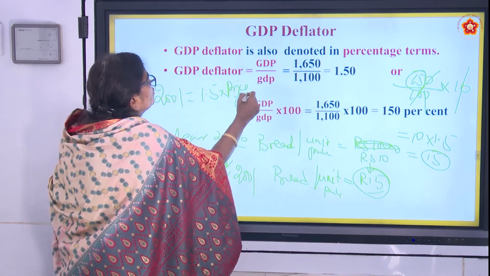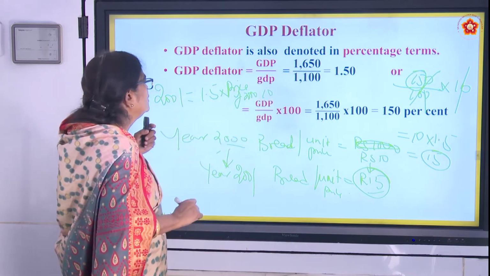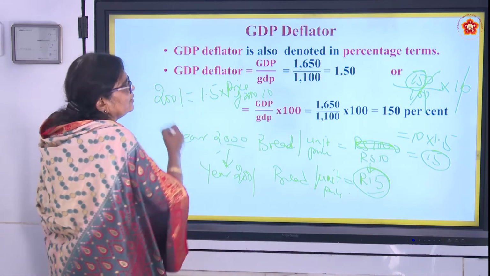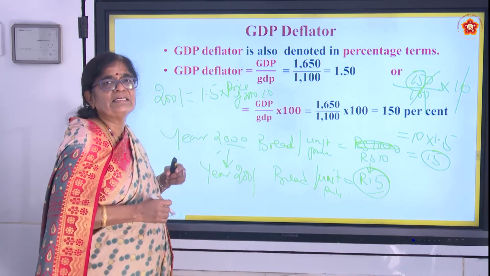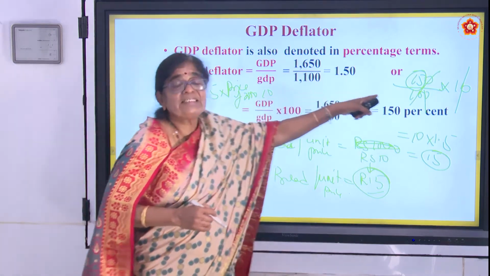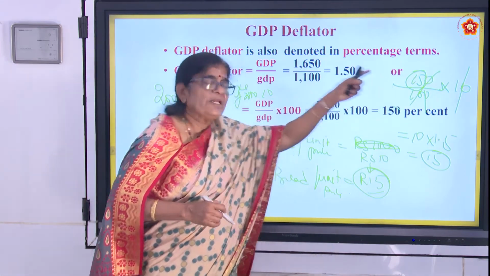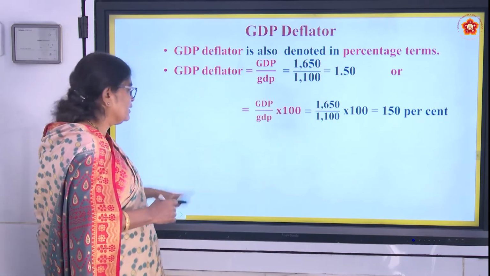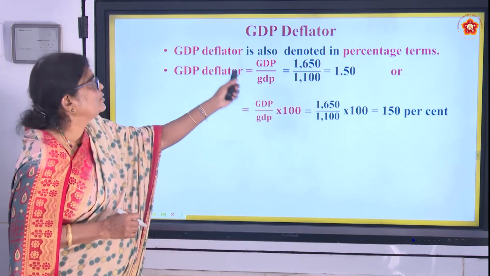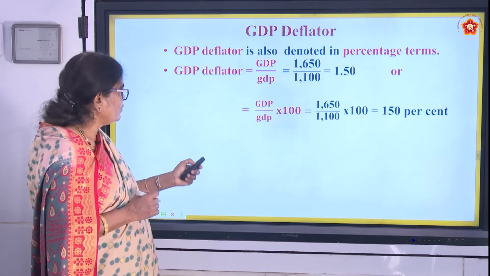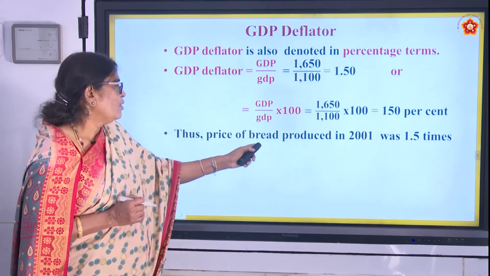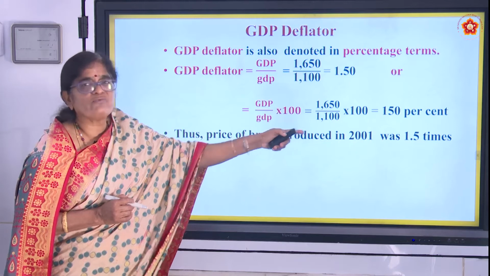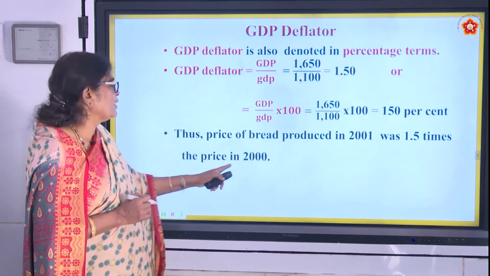Or you can say a 50% increase. That is what we have to explain as the answer of the GDP deflator. Therefore, the price of bread produced in 2001 was 1.5 times the price in 2000.